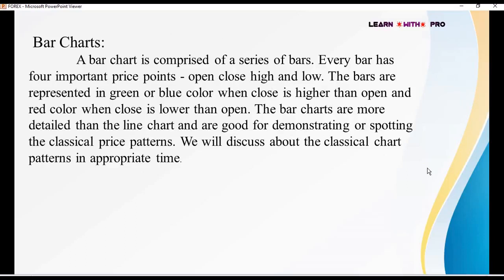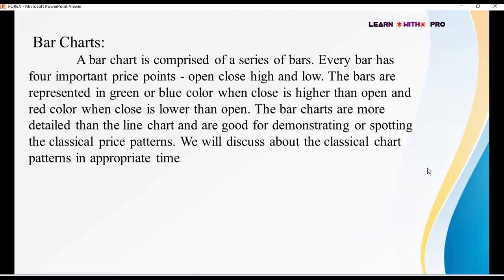Now moving on to the bar chart. A bar chart is comprised of a series of bars. Every bar has four important price points: the open, close, high and low. I will still talk about this because candlestick patterns also have open, close, high and low.